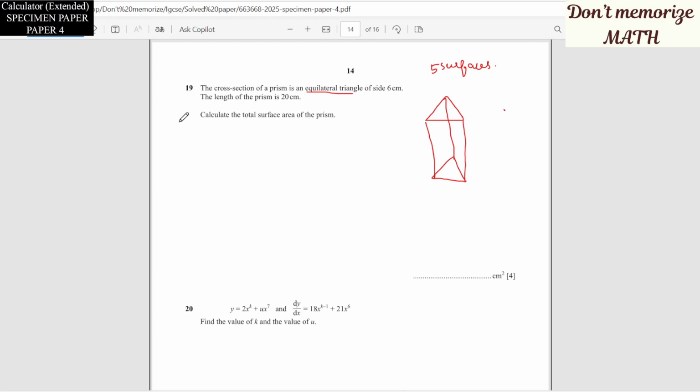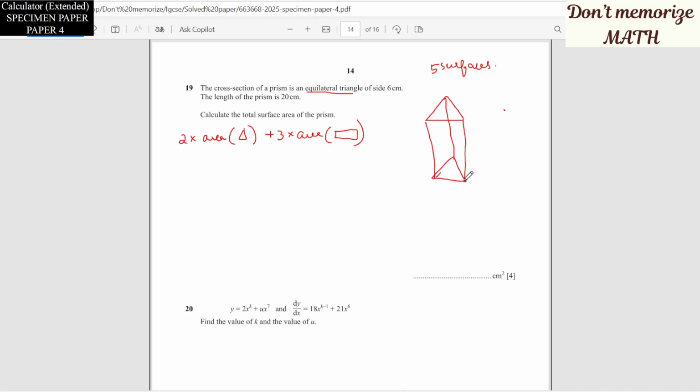So we need to add 2 times the area of triangle plus 3 times the area of rectangle. Then we need to find the total surface area. Total surface area means the area of all the sides you need to add. So first we will find the area of the triangle.